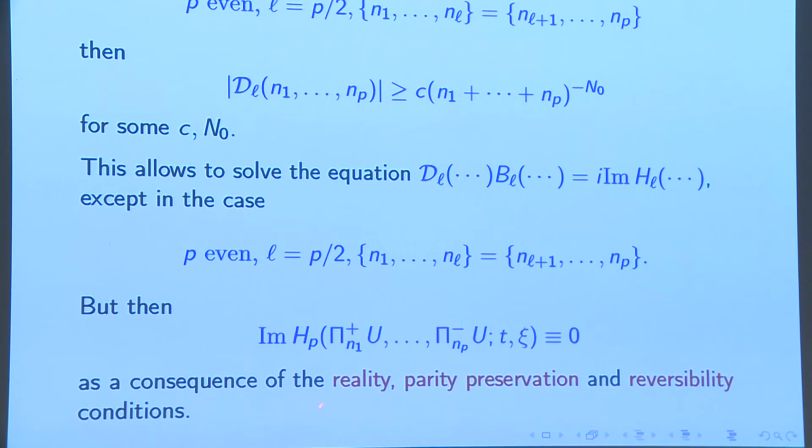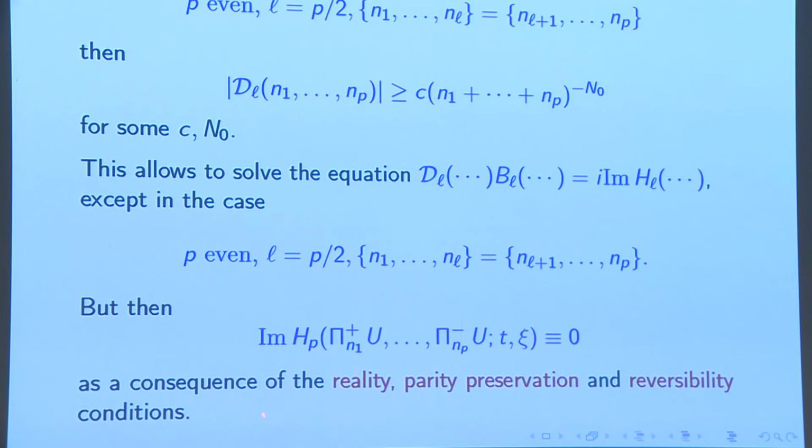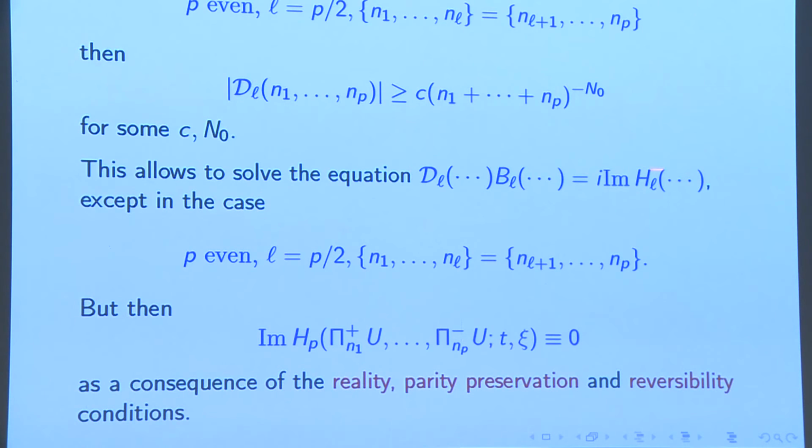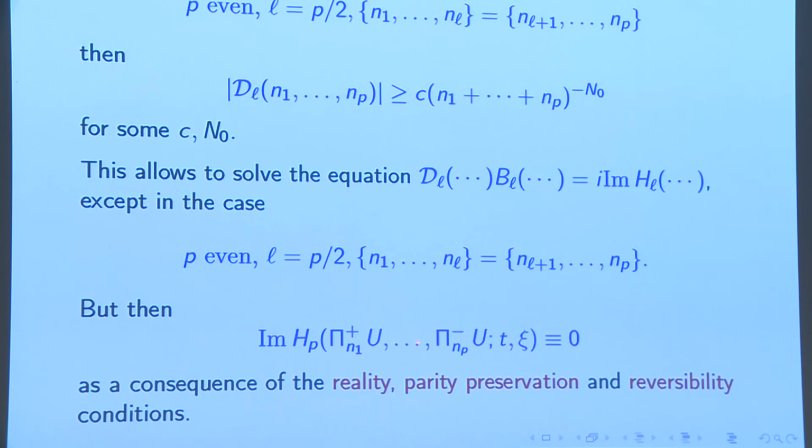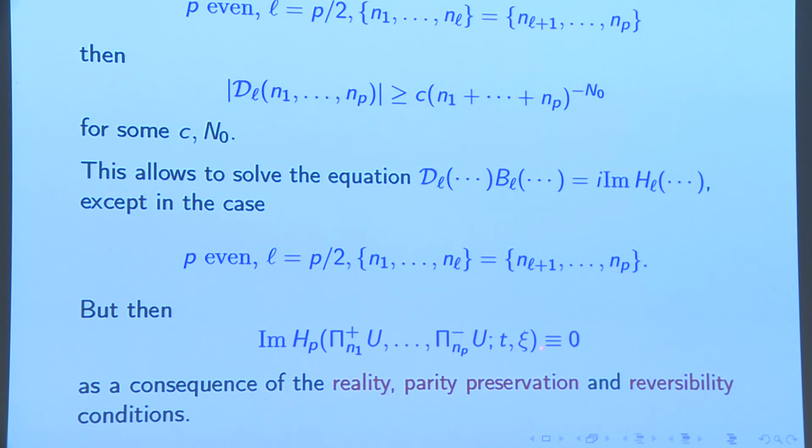Because combining these three properties, one may check that the right-hand side of the equation, im HL, or well, im HP in this case, computed at pi 1 plus u up to pi np minus u, with n1 and p satisfying this equality, vanishes identically. So that in the remaining case, the equation to be solved was just 0 equals 0, and we know how to solve such an equation.